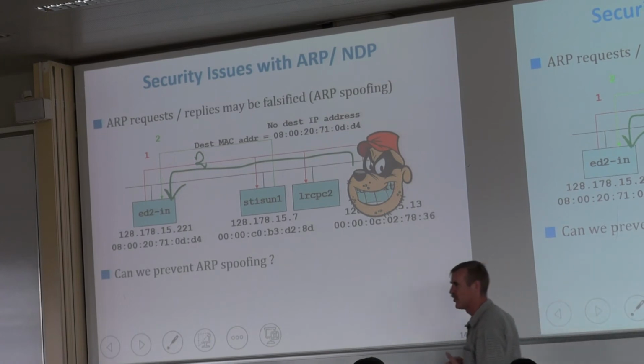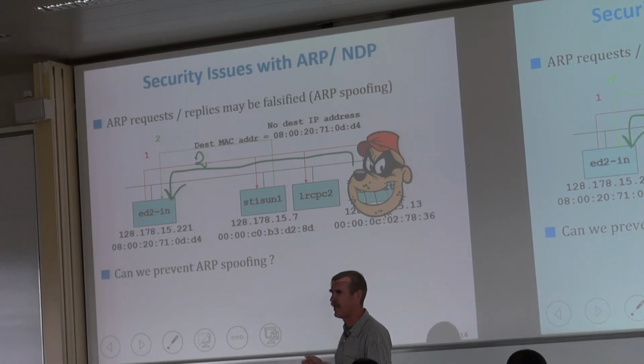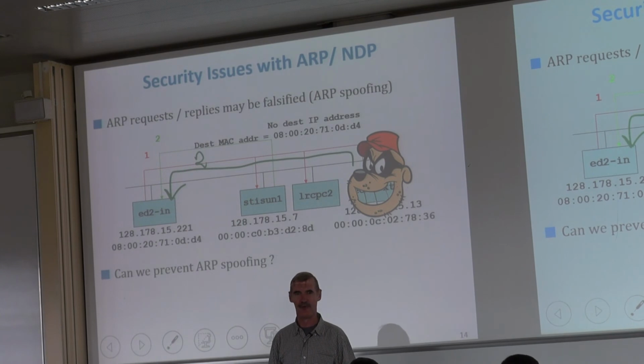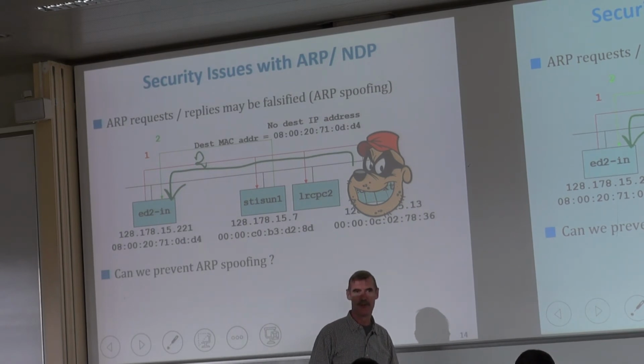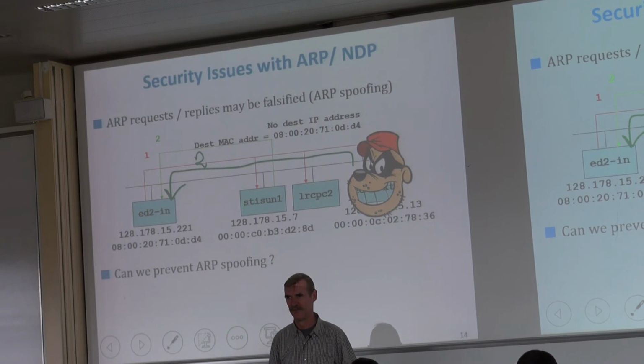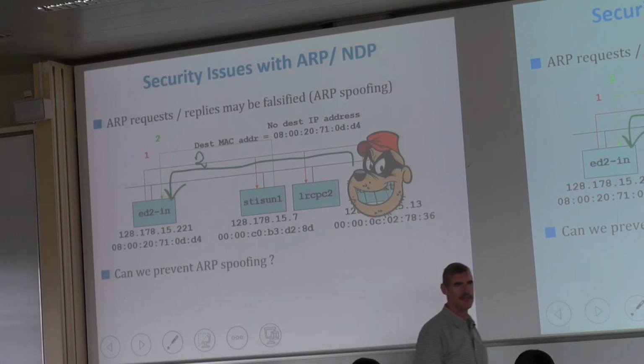And perhaps you will decide that it's safe to drop this destination. But you can try in the lab, you can try what happens. I think many machines do nothing. They just take the last one received. So this is called ARP spoofing, impersonation of a machine in the ARP protocol.